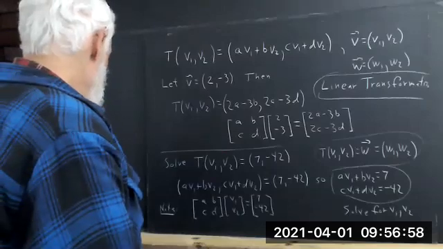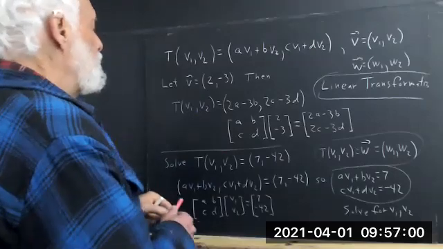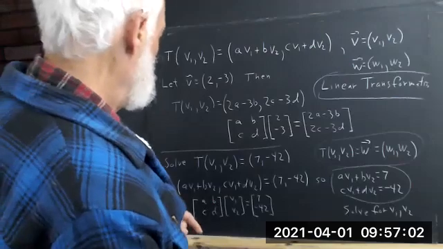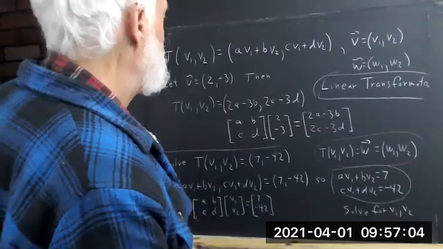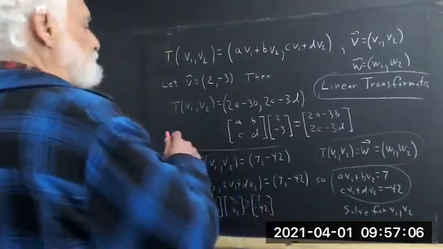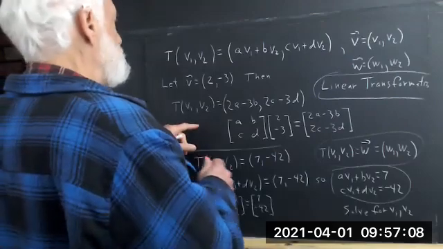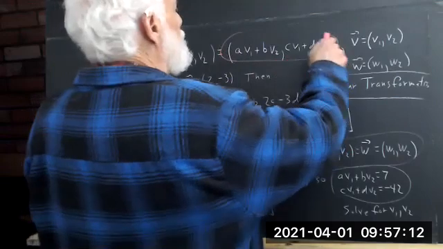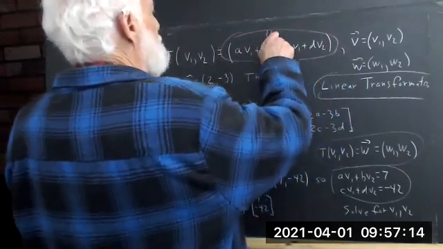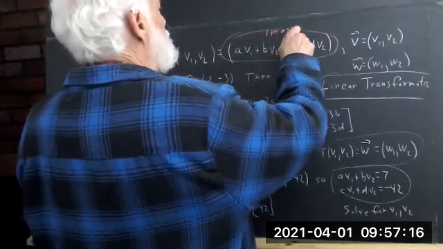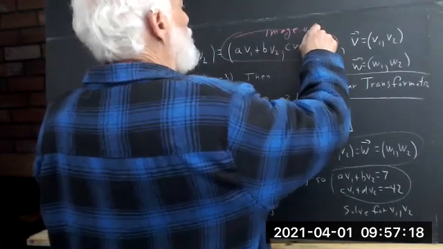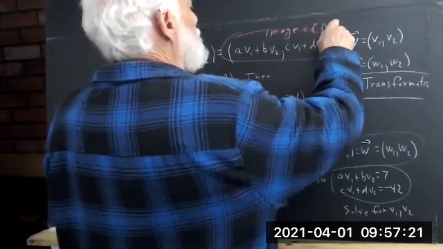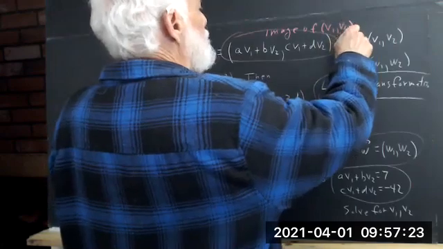So I'll just introduce that notation. This vector we regard as the image of the vector v1, v2.